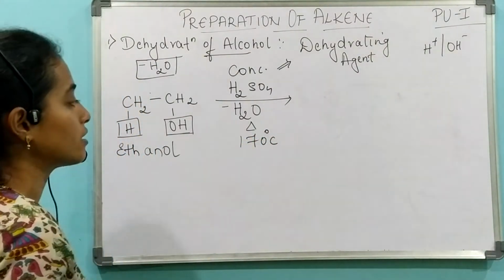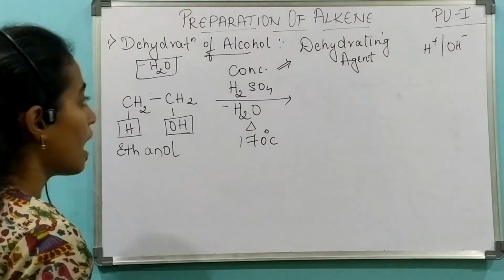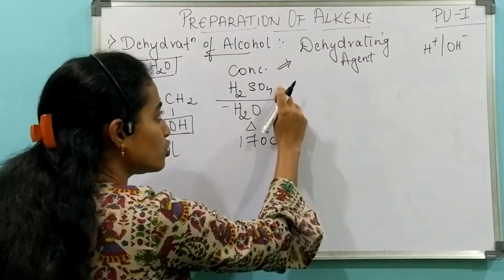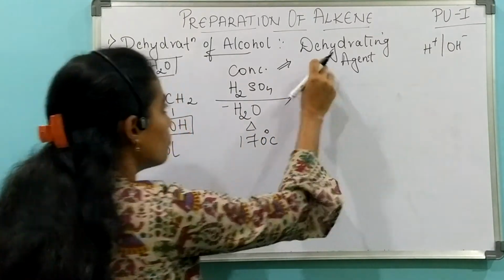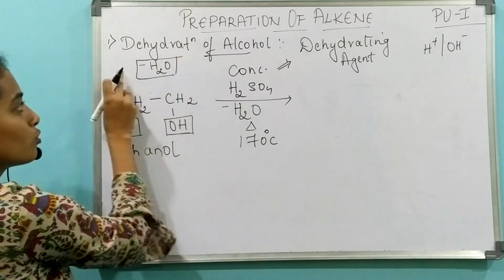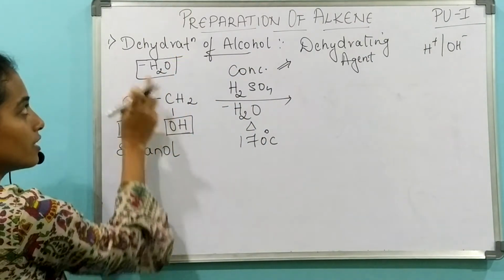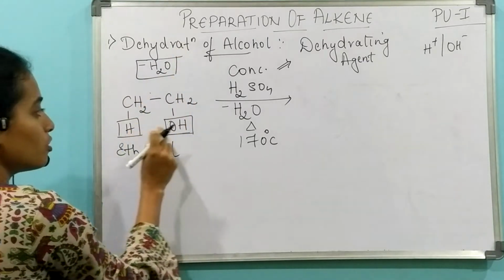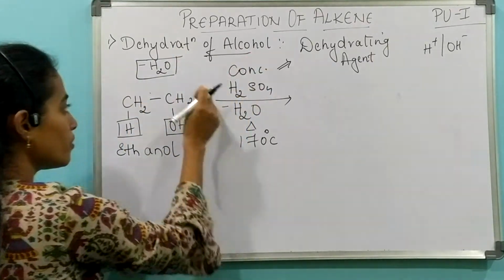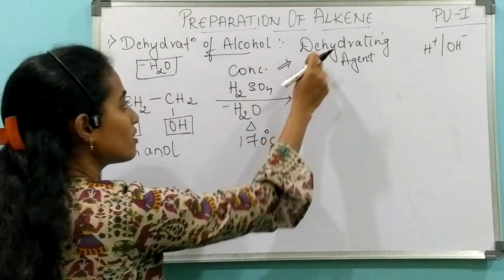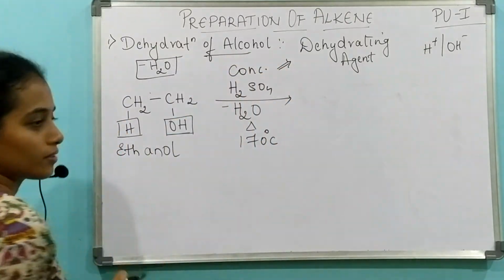You have to maintain 170 degrees Celsius, and you have to use a dehydrating agent. Why? Because you want to remove 1 water molecule from the alcohol. Dehydration: removal of water molecule from the alcohol using the dehydrating agent.